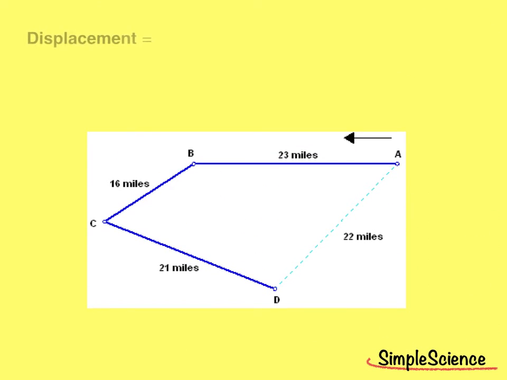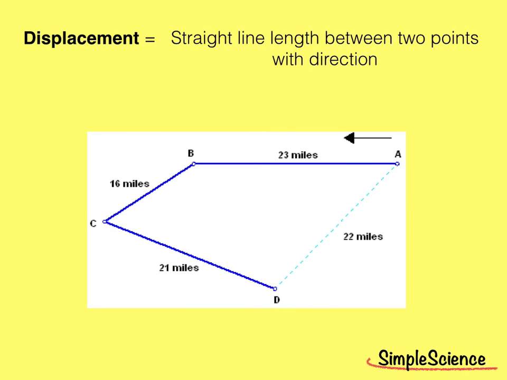Displacement, on the other hand, is the straight line distance length between 2 points but with a direction. So it's the straight line distance between A and D. So that's simply 22. However, we need a certain direction. So directions are rather relative, okay?